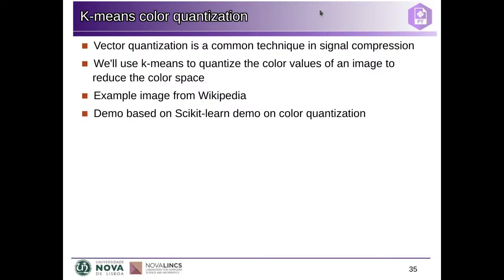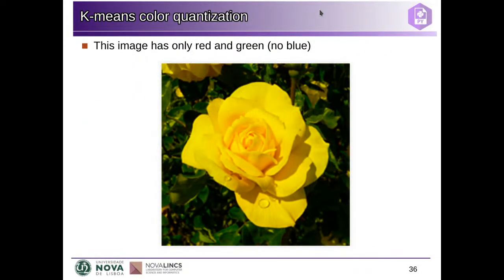I chose this image from an example in Wikipedia because this particular image has no blue color. All these images have the three channels, red, green, and blue, but in this particular one, the blue channel is always at 0. It only has red and green mixed together for the different colors.